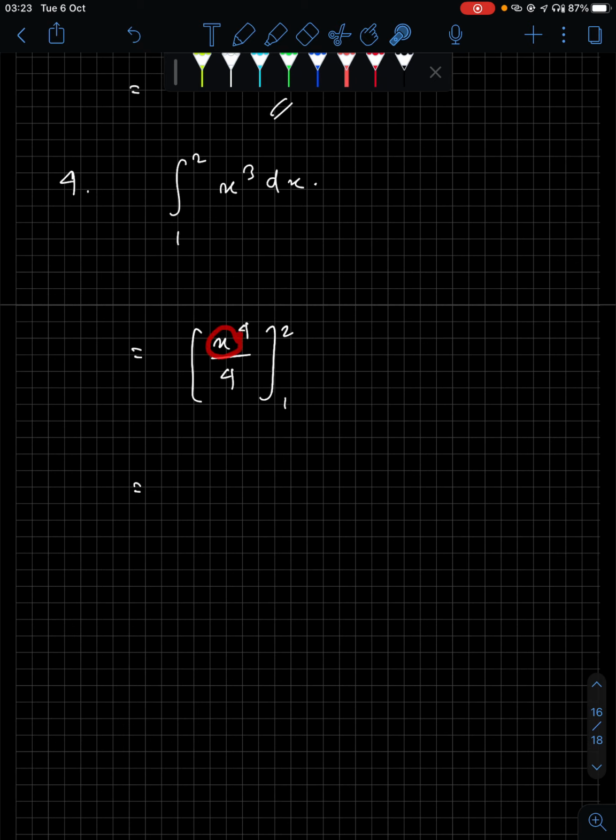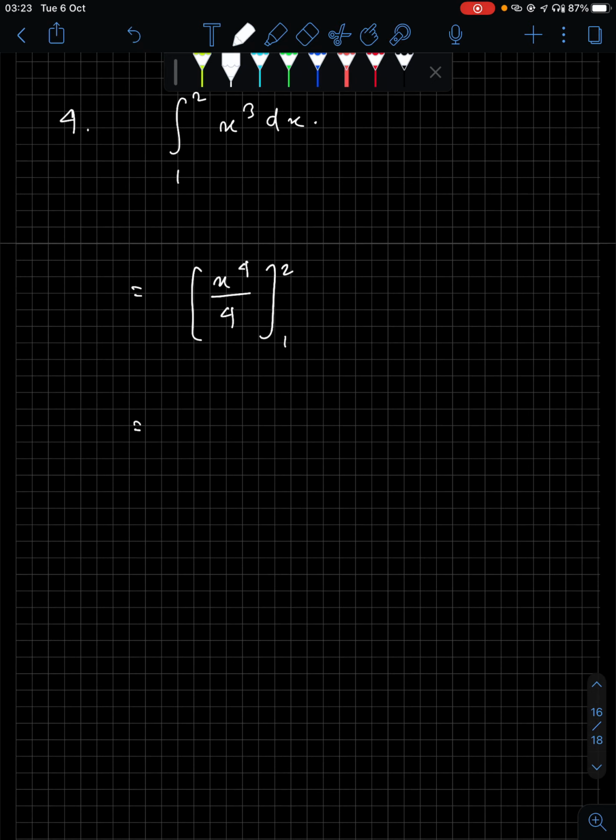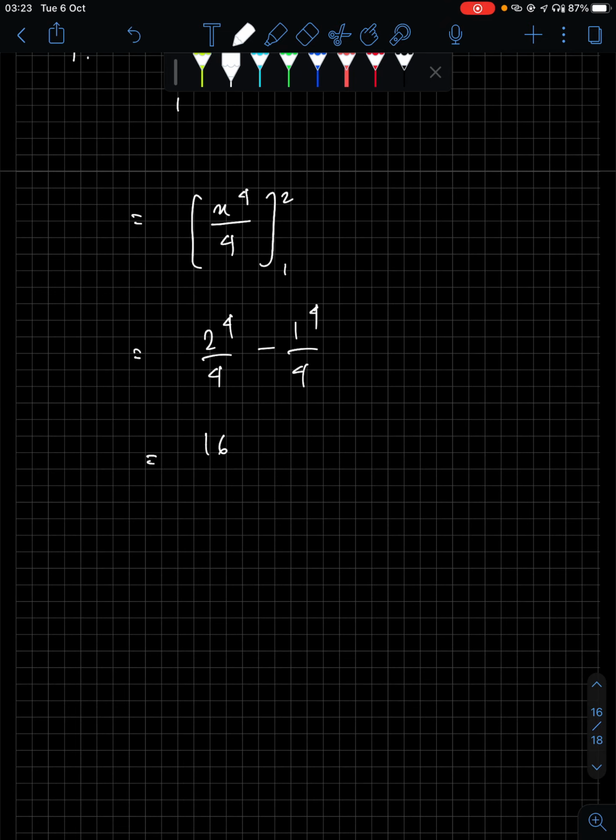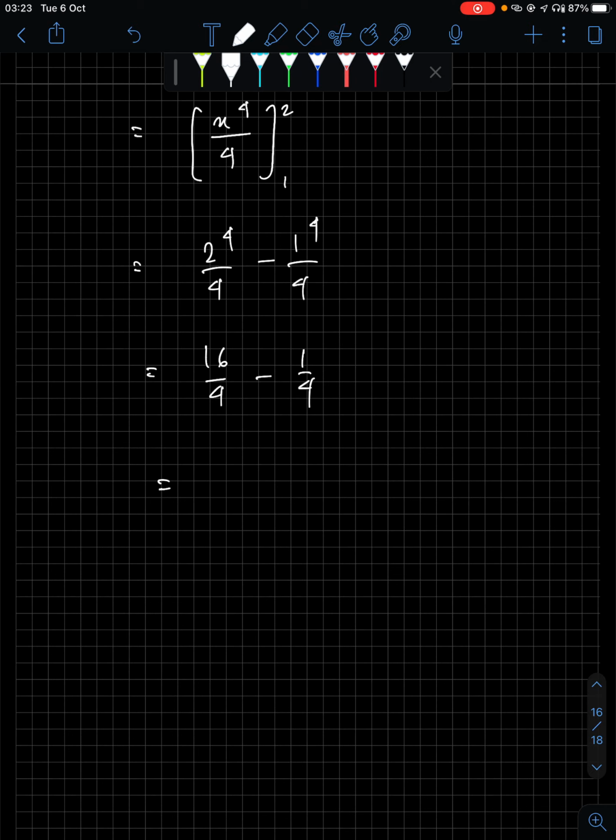Once you put 2, it will become 2 to the power 4 by 4 minus, because you do upper limit minus lower limit, right? So in place of x again 1 to the power 4 by 4. So see how we write 2 to the power 4 divided by 4 minus 1 to the power 4 divided by 4. So this is 16 by 4 minus 1 by 4. So what you have is 15 by 4 as the answer.